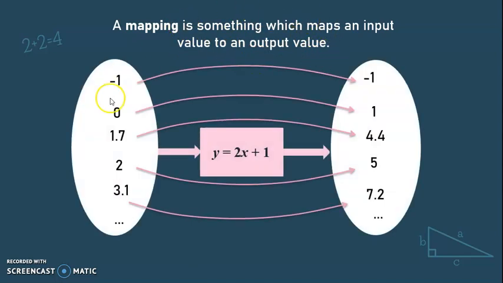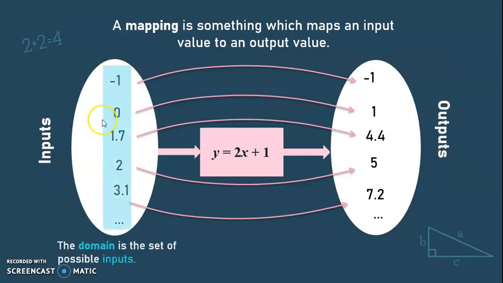So for example, we have this one and this is the function. So whenever we input negative 1 inside this function, the output value is always negative 1. Same goes with 0. Once we insert here, the output value will be 1. Okay, so these will always be inputs and the result is always output values.